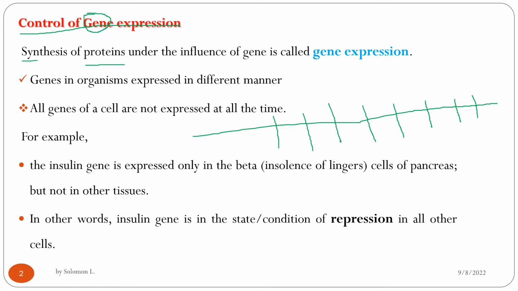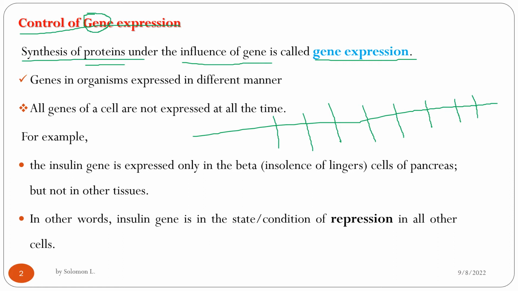So, synthesis of protein under the influence of a gene is known as gene expression. Genes in organisms are expressed in different manners. All the genes of a cell are not expressed at all times, and even if the same gene is found in different cells, they are expressed in different manners.